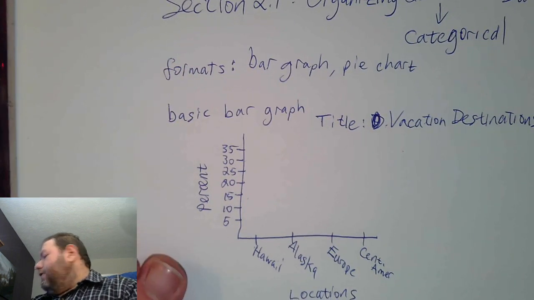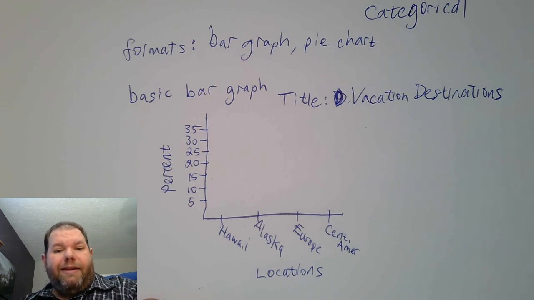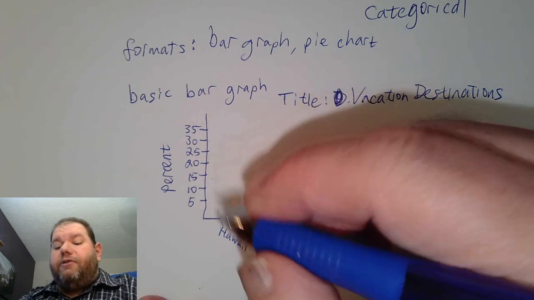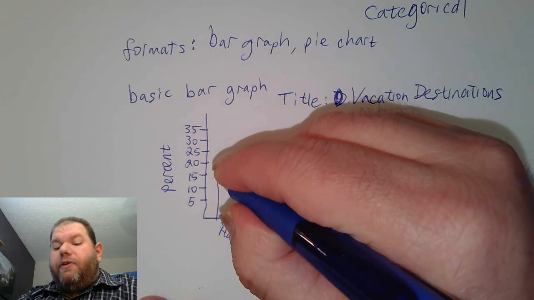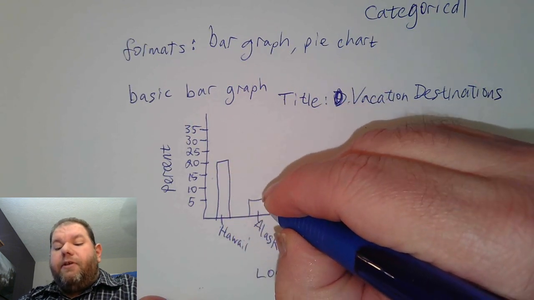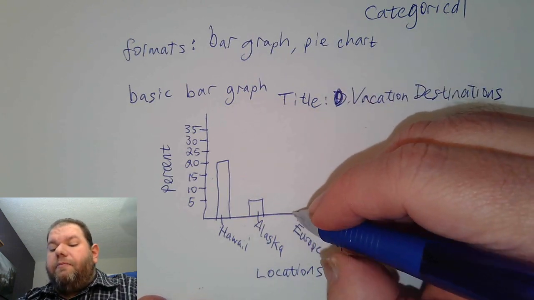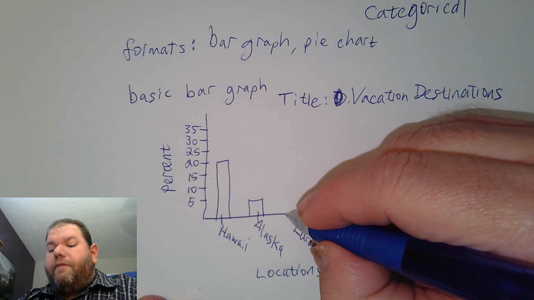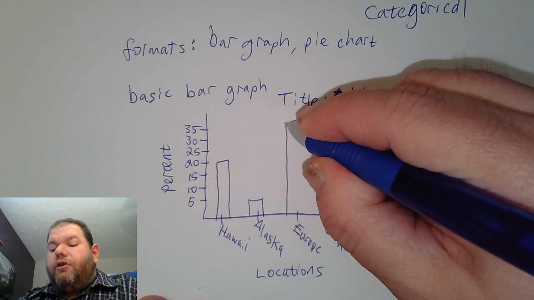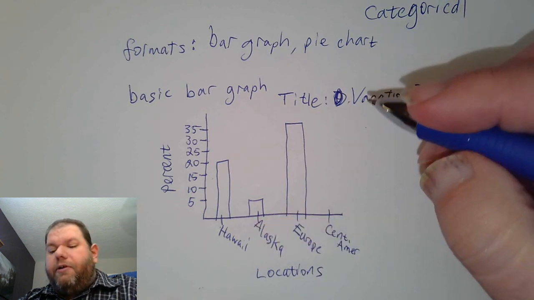And then from there, we'd create bars that have the appropriate height to indicate the percent of people that chose those destinations. So maybe 20% of the individuals chose Hawaii, maybe 5% chose Alaska, maybe 35% chose Europe, which is kind of general, but I'm just creating 4 outcomes here.